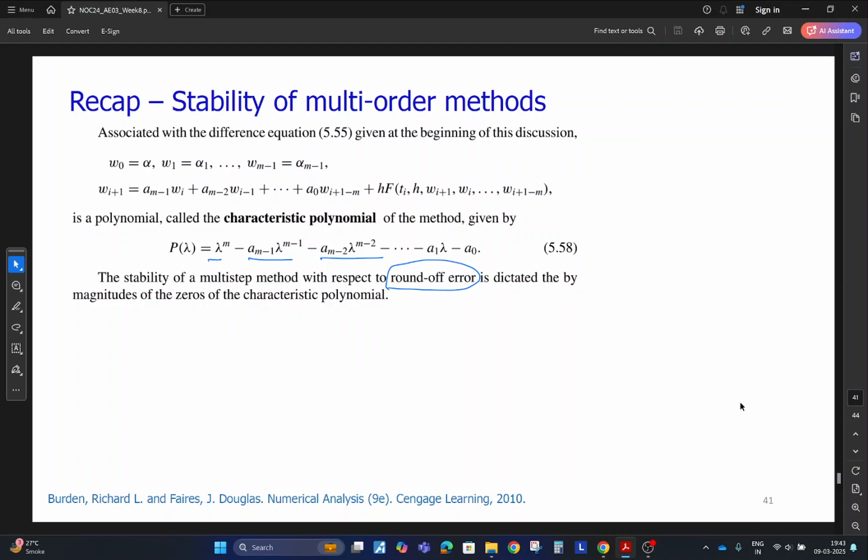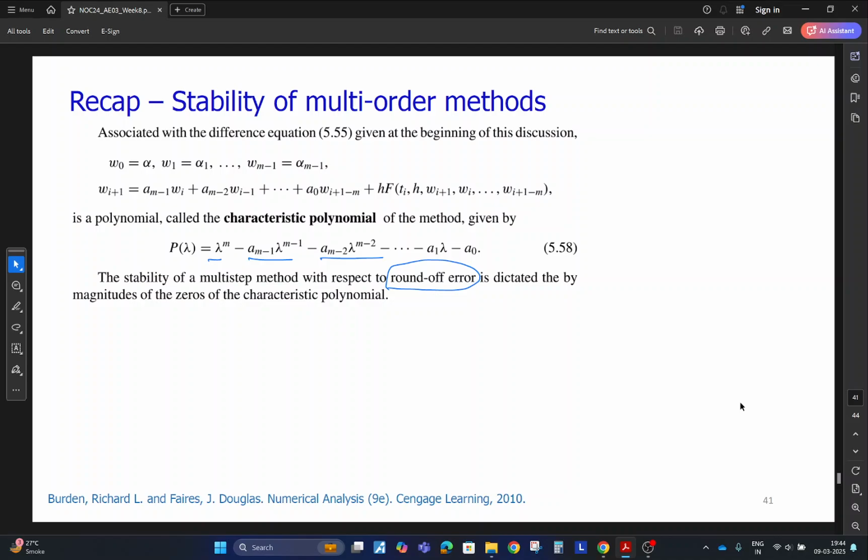Now associated with this equation, there is a polynomial called the characteristic polynomial of the method, given by p of lambda equals lambda power m minus a m minus 1 lambda power m minus 1 minus a m minus 2 lambda power m minus 2 minus and so on, minus a1 lambda minus a0, as given in equation 5.58.